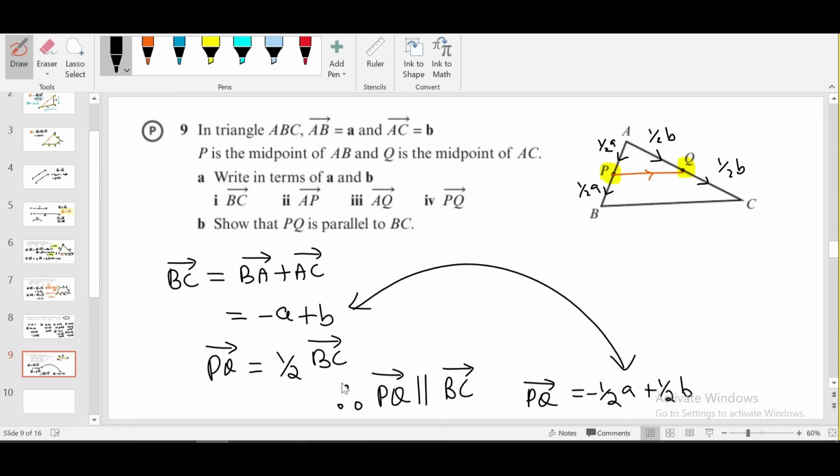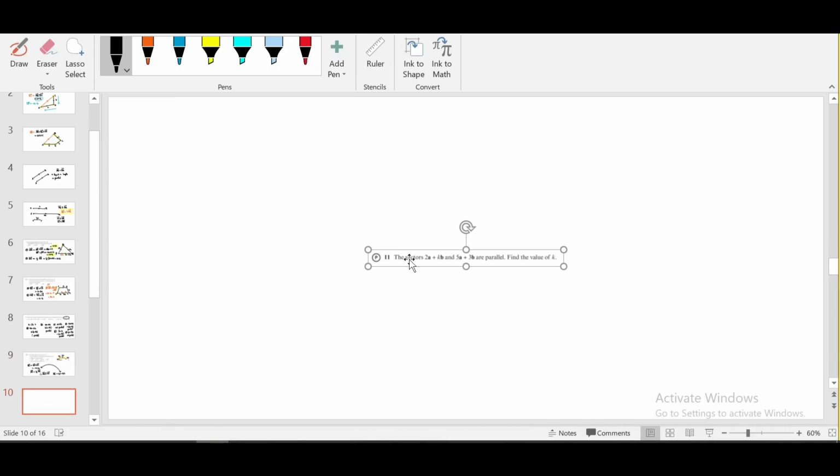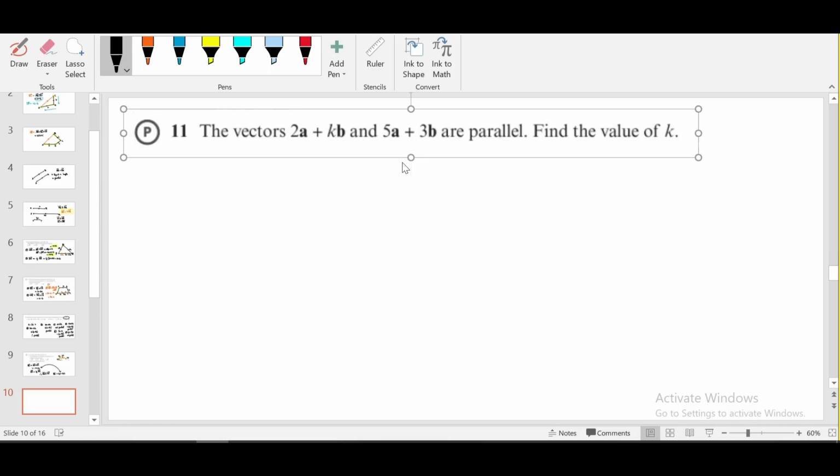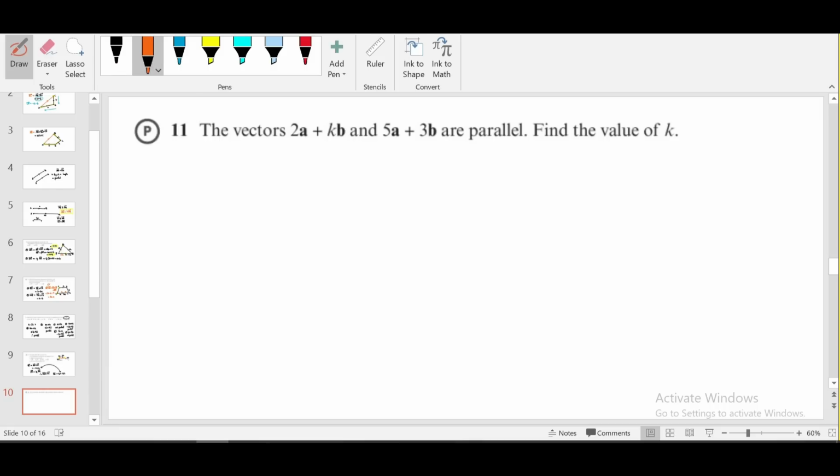Okay, copy that. Okay, now one more question before we wrap up this lesson. Write the question number, just the question number. The vectors 2a plus kb and 5a plus 3b are parallel. Find the value of k. If they are parallel, what is the condition for parallel vectors? A scalar multiplication. Exactly.